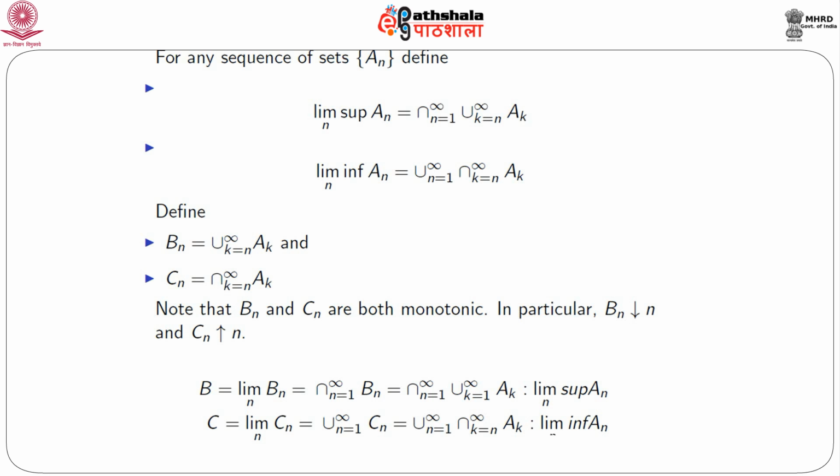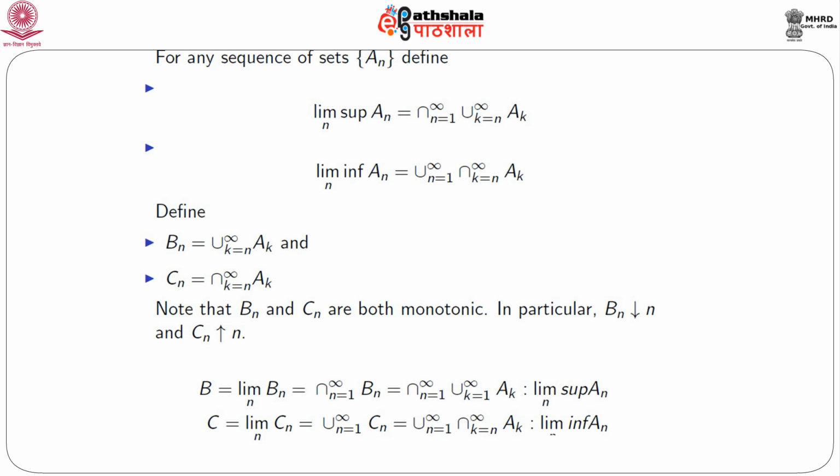So, whenever you are talking about the limit of an increasing sequence, then it must be going to its union. Whereas, whenever we are talking about the limit of a decreasing sequence, then its limit must be going to its intersection. So, using this notion, we can define B as the limit of B n, which is intersection n from 1 to infinity B n, because B n is decreasing.